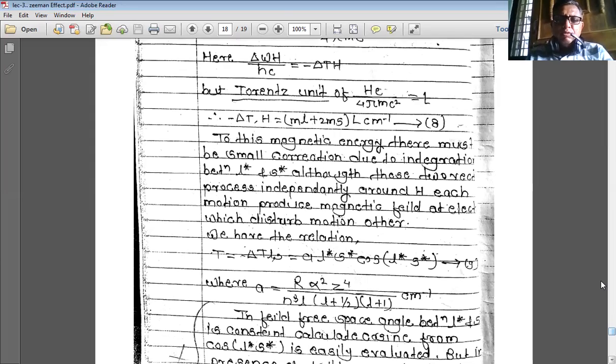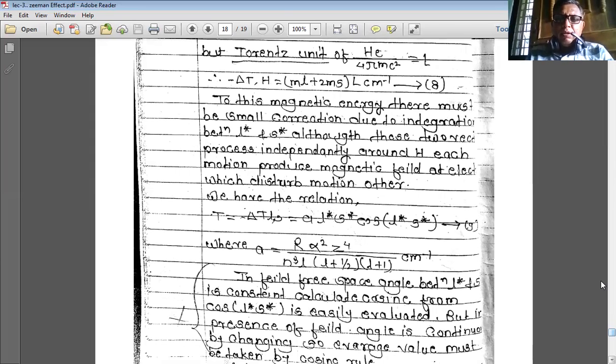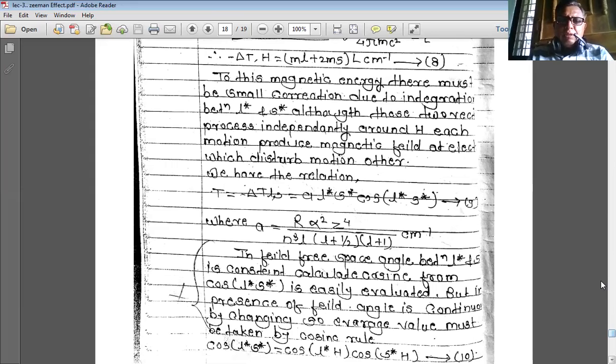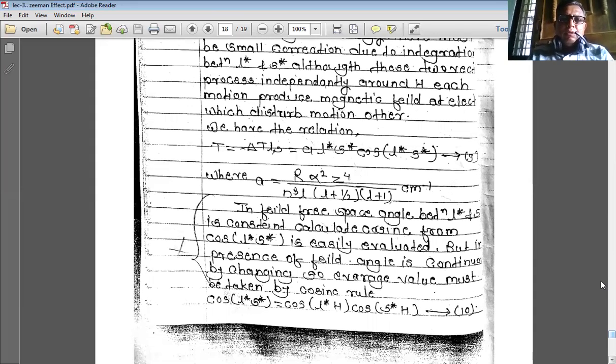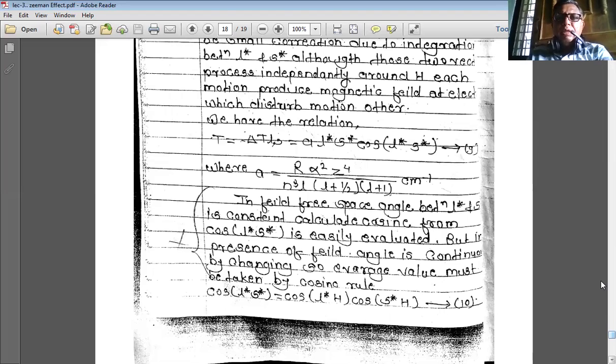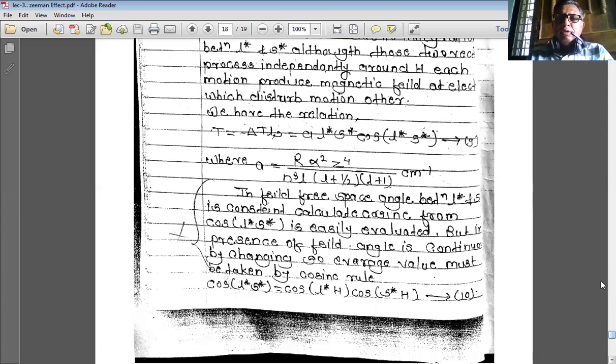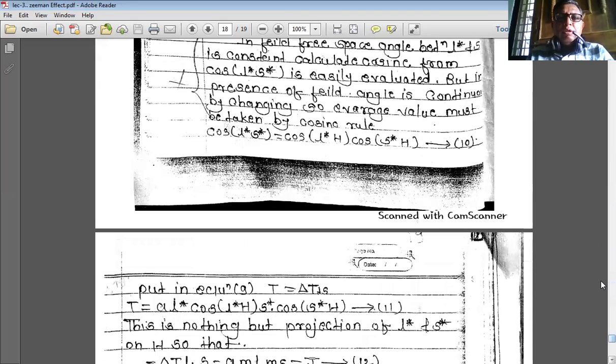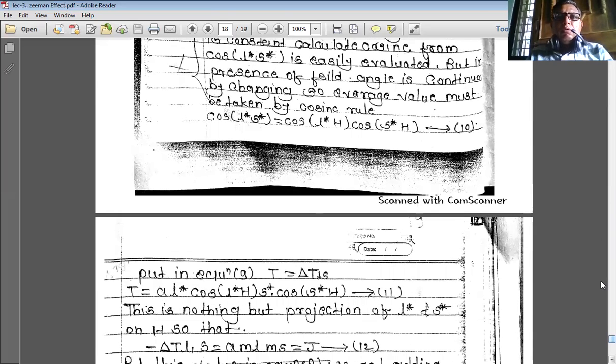Okay, now we don't need to take the meaning of this, wrong. Okay, up to here we have to write, up to the amplitude we have to write. We don't write this here. But cos L star S star is equal to cos L star H cos of S star into H. This equation number 10 is taken by the cosine law.